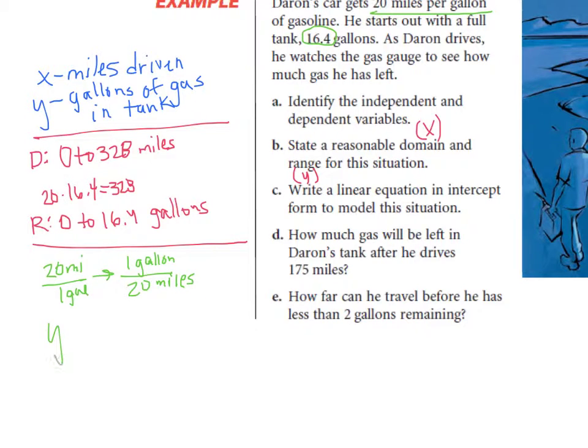We've got y equals 1 over 20 x plus our starting value, which is 16.4. Now the only problem with this is we would have ourselves adding gas to our gas tank, which we know that's not how it works when we drive. We are losing gas as we drive. So this is a negative 1 over 20x plus 16.4.